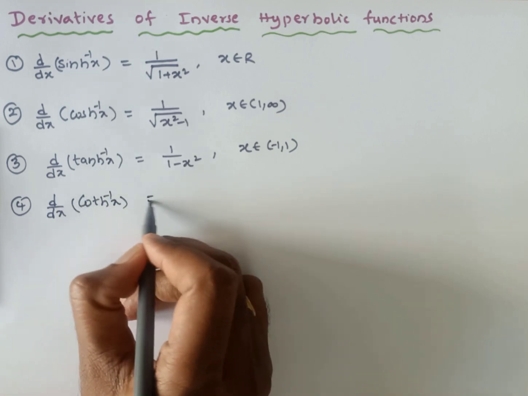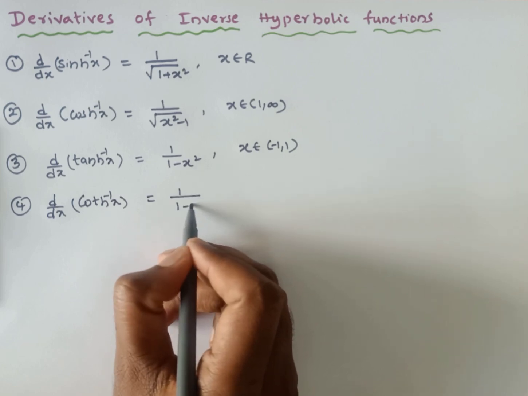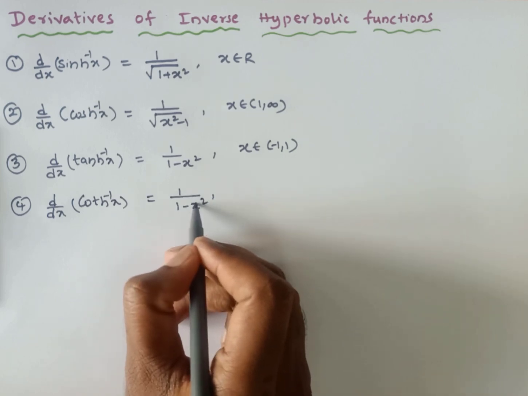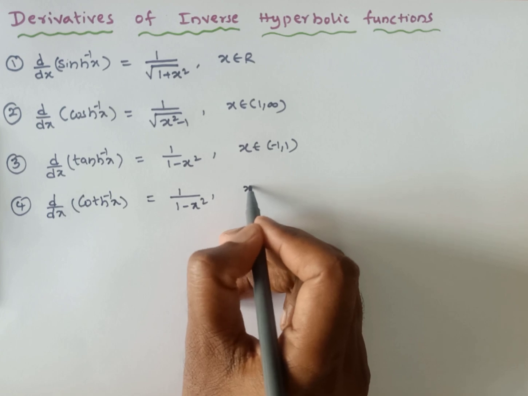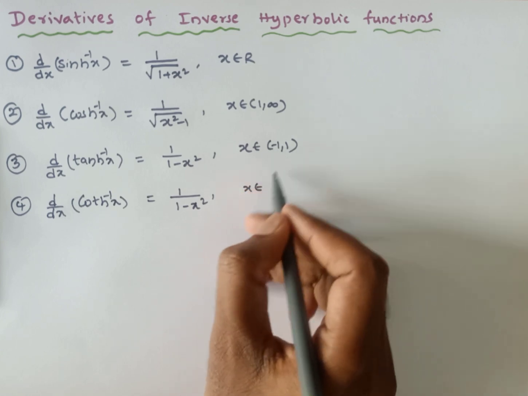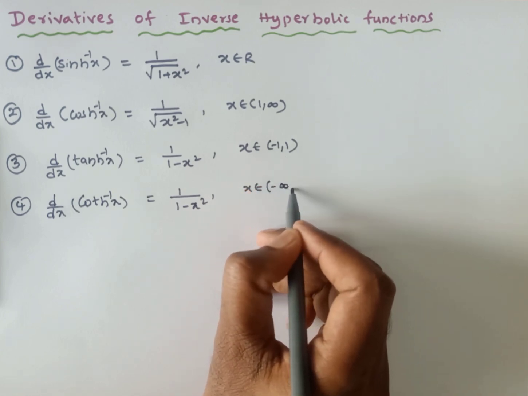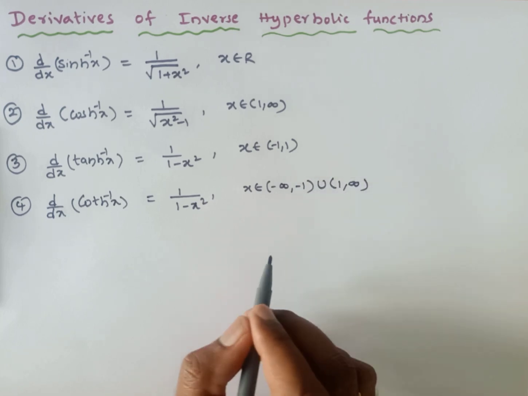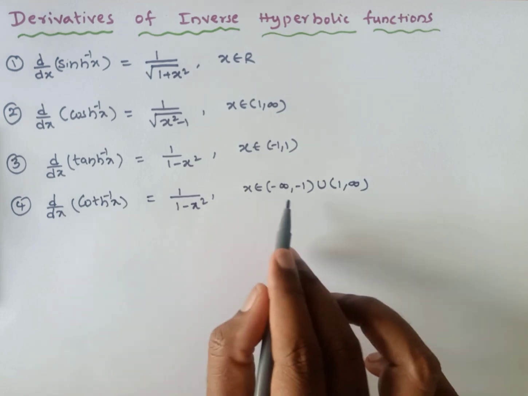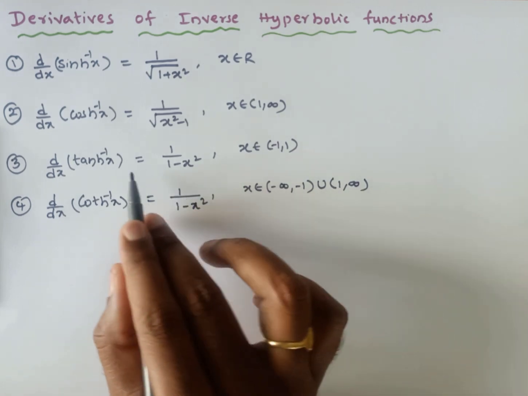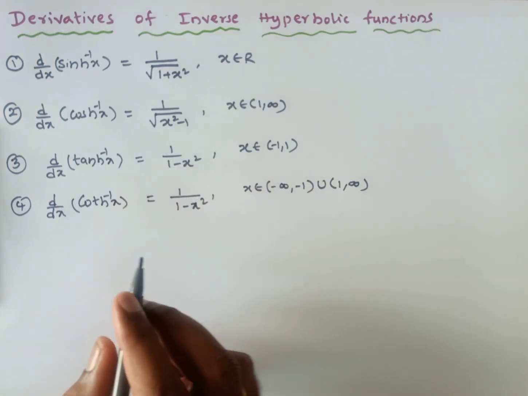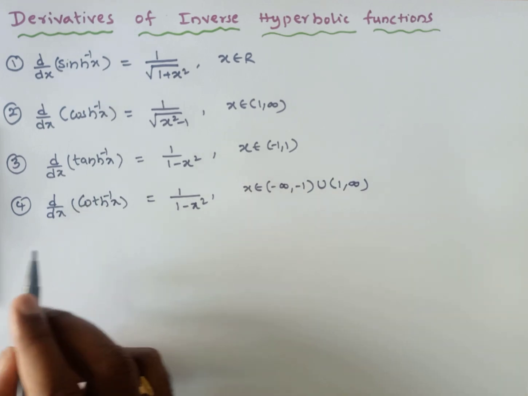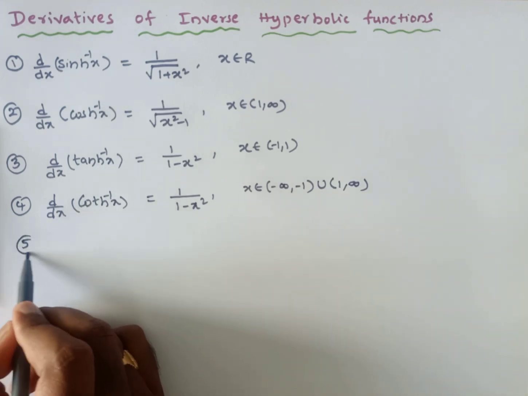The notations are the same, 1 by 1 minus x square, but this is valid when x belongs to minus infinity to minus 1 union 1 to infinity. So coth inverse x is defined over this only, and tanh inverse x is defined over the other. But the output will be the same for both tanh inverse and coth inverse.